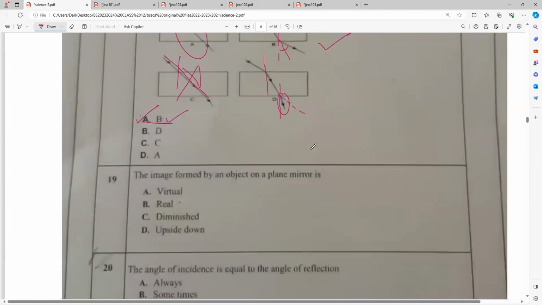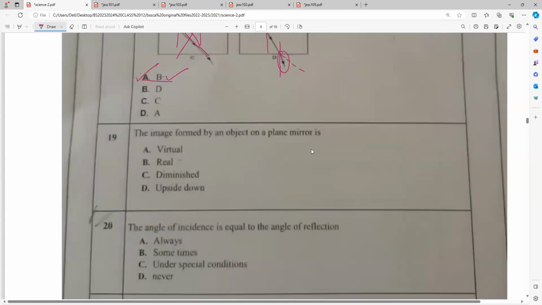Clear, everyone? Next, the image formed by an object in a plane mirror is always what image? Plane mirror, guys. Plane mirror always forms what image?